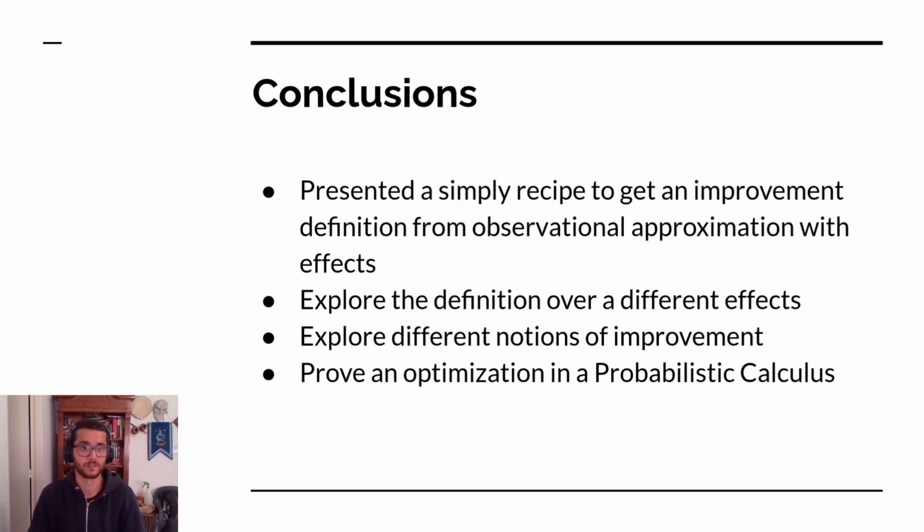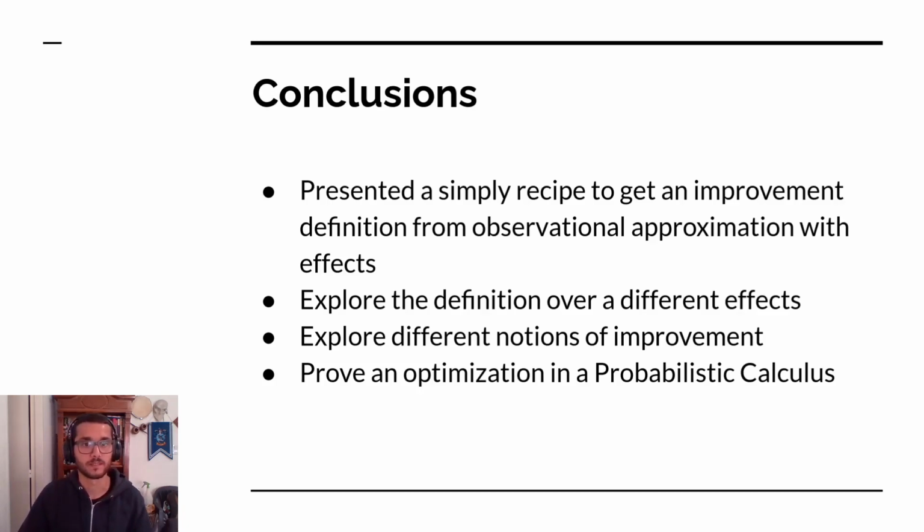So, conclusions. We presented a simple way to derive the notion of effectful improvement from effectful observational approximation, by adding a new operator called tick, and performing a simple transformation on the monad interpreting the effects.